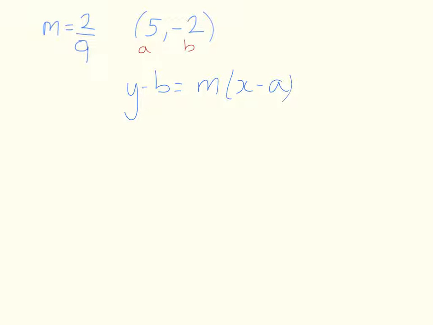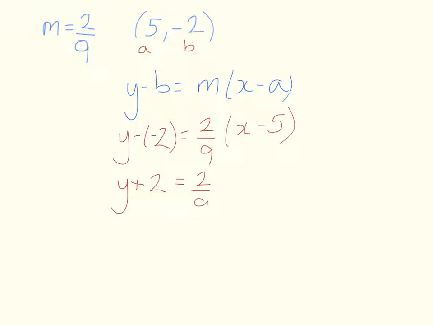So y take away minus 2 equals 2/9 x take away 5. So I've just substituted everything in. And my next line, I'm just going to tidy up this left hand side. When you take away a negative, it's the same as adding. 2 ninths x take away 5 in your brackets.